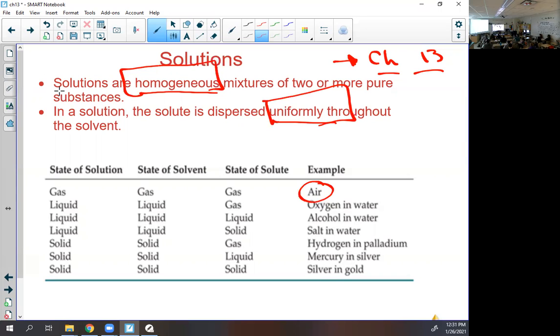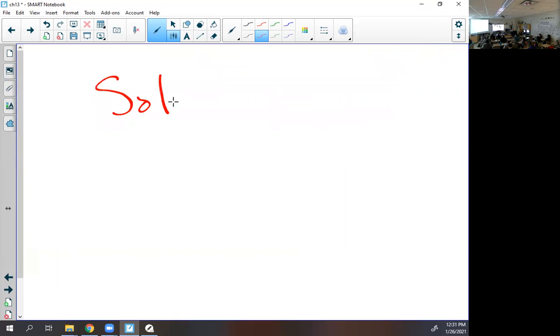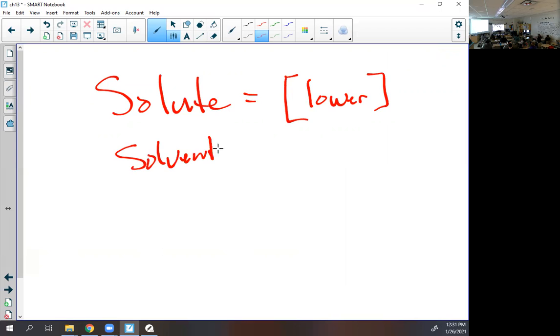If you have like the silver and gold alloy, is it the silver dissolved in gold or gold dissolved in silver? Well, have we talked about solute and solvent before? Okay. The solute is always the lower concentration. The solvent is always the higher concentration. So it could be either way around.